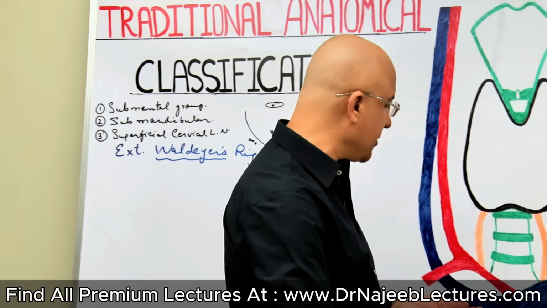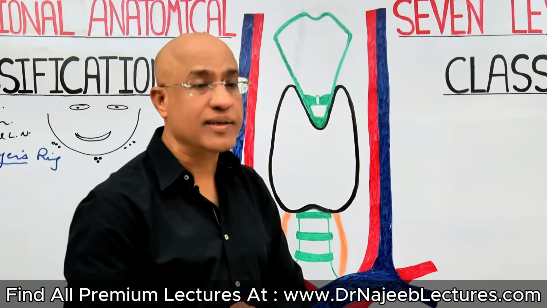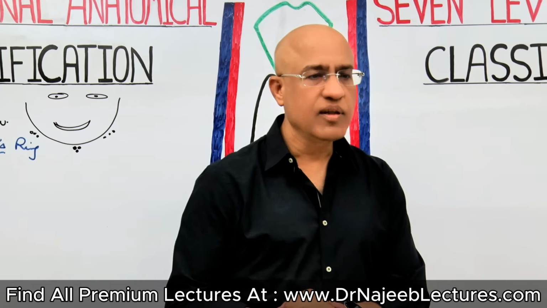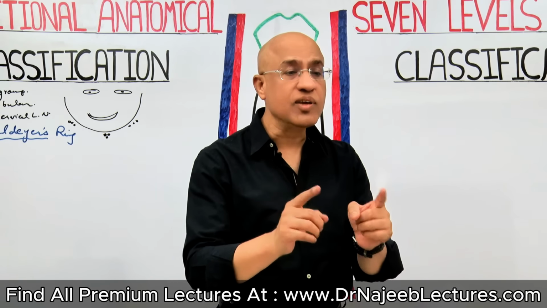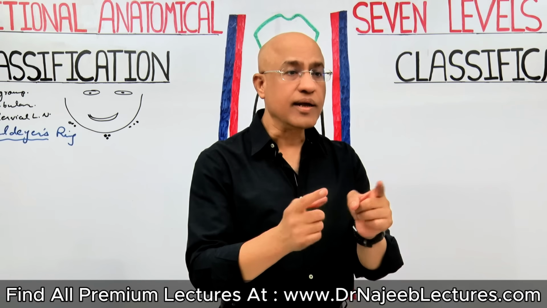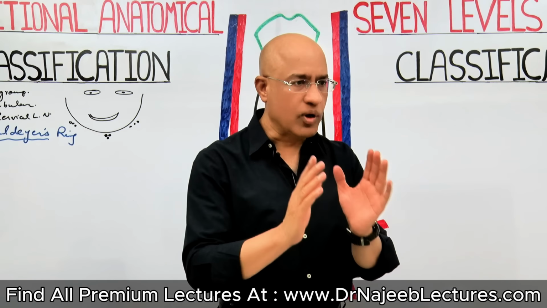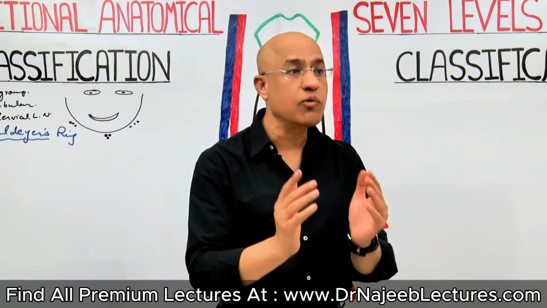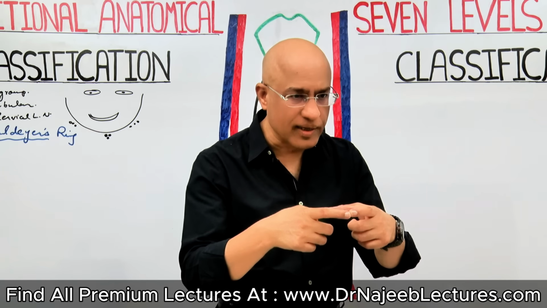And very commonly in vivas or in MCQs, they check your knowledge about the Waldeyer's ring. When someone says just Waldeyer's ring, that person means actually internal Waldeyer's ring, right? When we say what is Waldeyer's ring of lymphoid tissue, that means internal Waldeyer's ring.